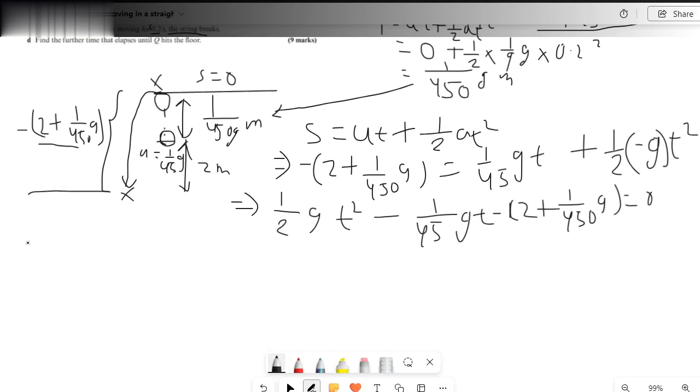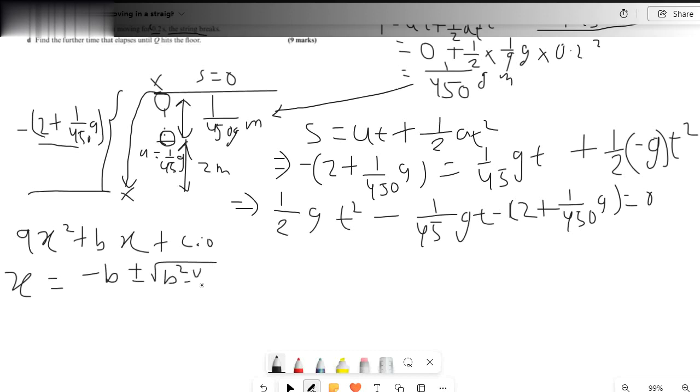So using the equation, if we have ax squared plus bx plus c equal to 0, the solutions are x is equal to minus b plus or minus root of b squared minus 4ac, whole divided by 2a.